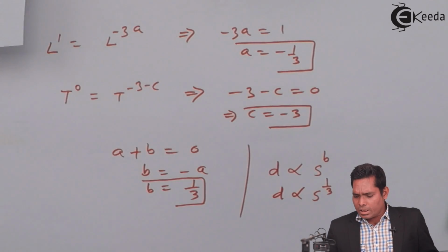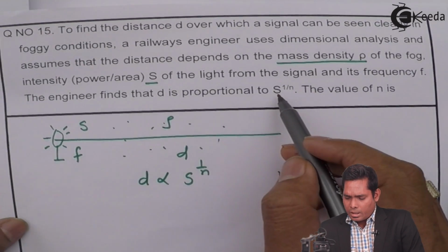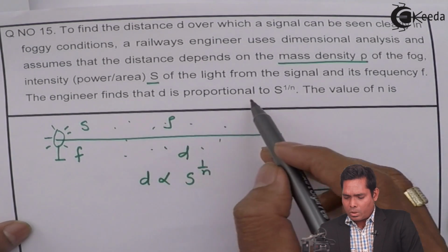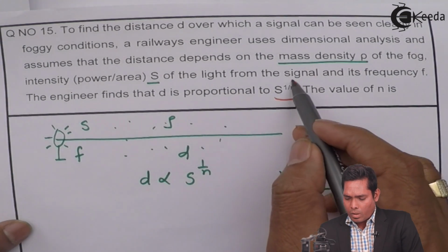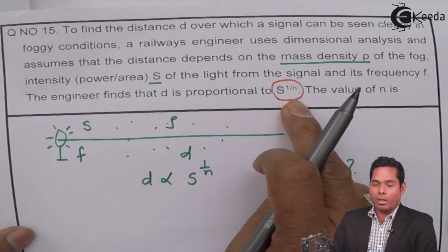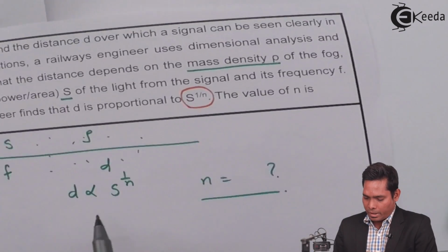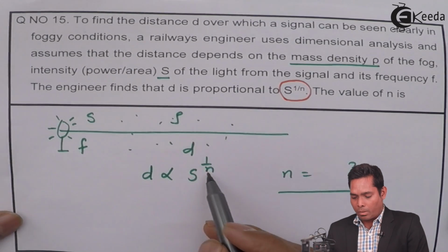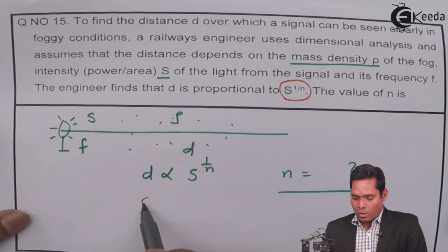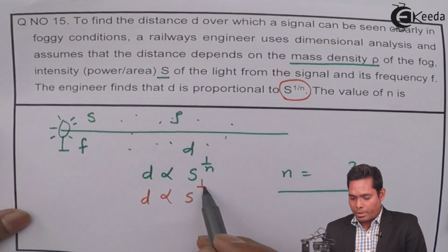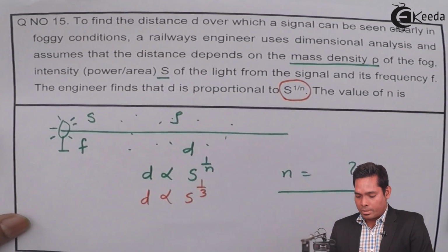In the question it is given that the distance d is proportional to S to the power 1 over n, and we got d proportional to S to the power 1 by 3.